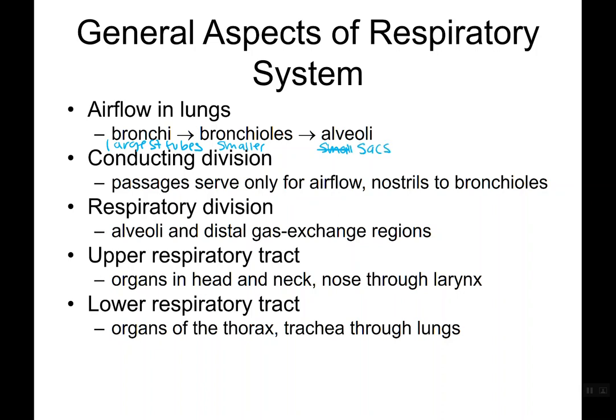And they are made of simple squamous epithelium. So we're going to keep bringing principles from 231 and 232 back into this stuff because, of course, all of it is ultimately related.